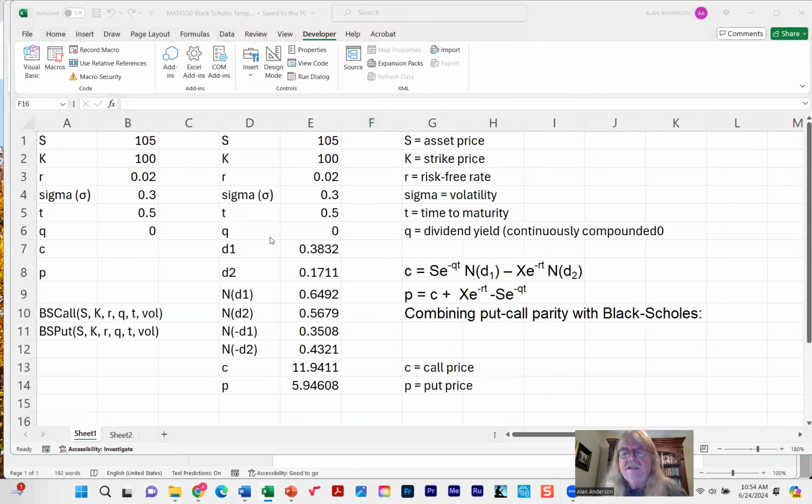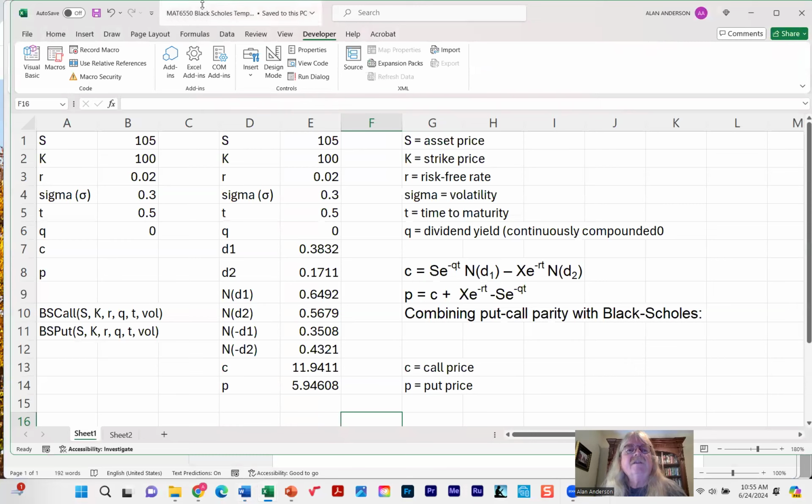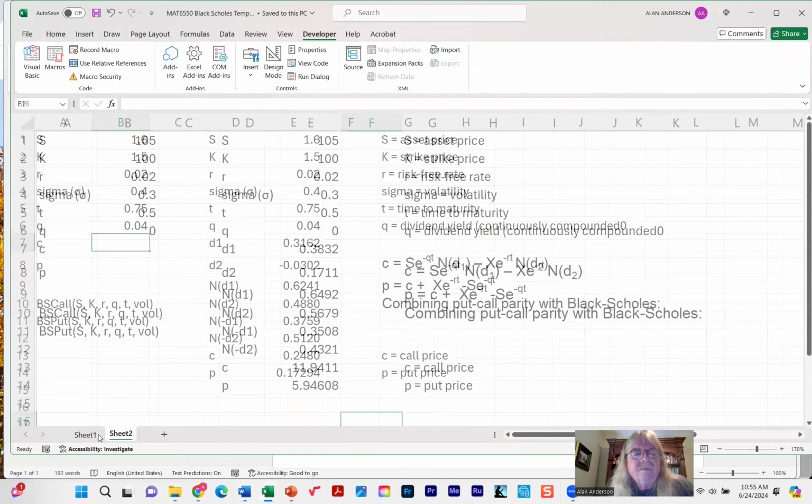In the meantime, we're just going to carry on and learn some more new content, by which I mean specifically the Greeks and then the binomial option pricing model. I'll make sure I post this on Blackboard. If something goes wrong, if I've left something out by mistake, you can just send me an email or a copy of the spreadsheet and I'll take a look at it and see what happened.